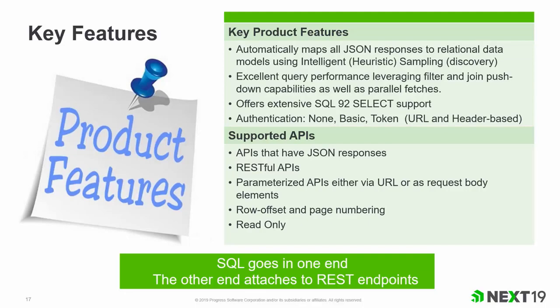It also does what we call heuristic sampling. It figures out from the JSON response what data types are likely to be associated with each field. So it will recognize that there are decimals, strings, integers, and so forth in that response payload, which is brilliant because you've probably got many data types in that REST response.